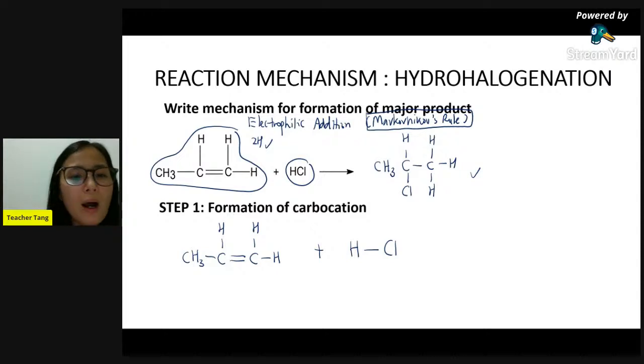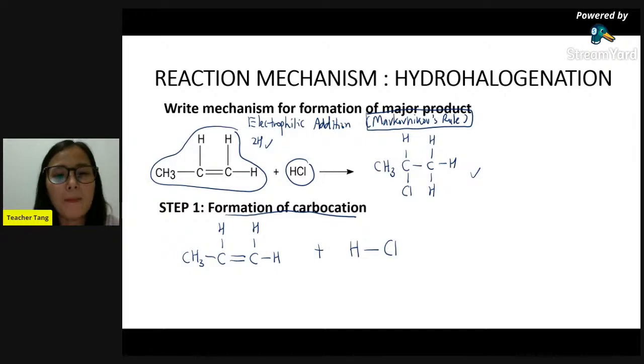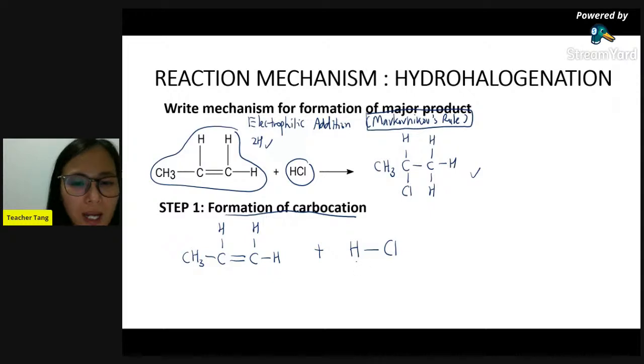In the first step, we want to form a carbocation. Again, this involves bond breaking and bond forming. Which bond must break? It must break heterolytically. Can you see that the hydrogen and chlorine bond must break?